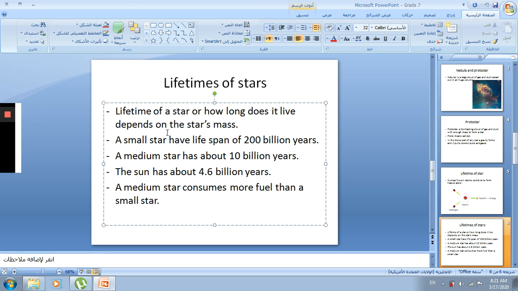A medium star has 10 billion years. Why? Because a medium star consumes more fuel than a small star. So the medium star will die before a small star. This explains why a small star has a longer lifespan than a medium or even a large star.